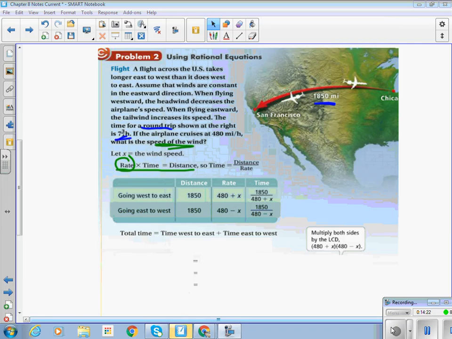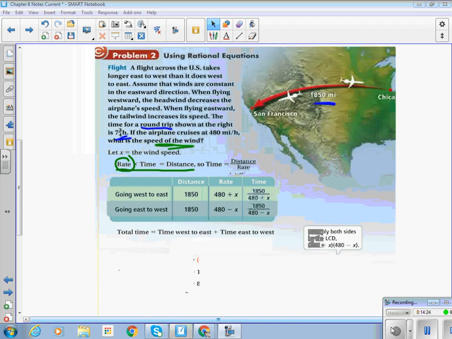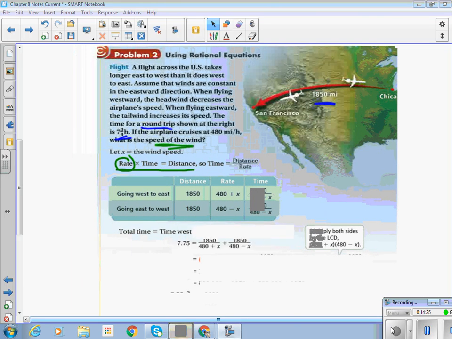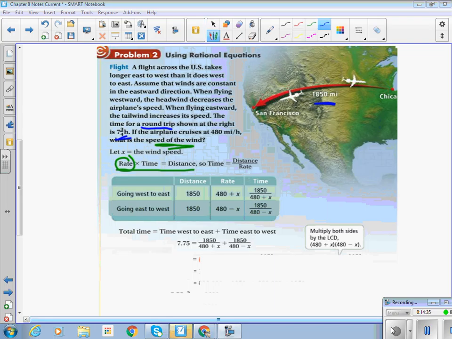So we go 7.75, because 7 3/4 is 7.75, is equal to our total time going west to east plus our total time going east to west.